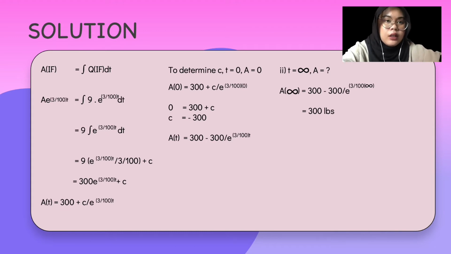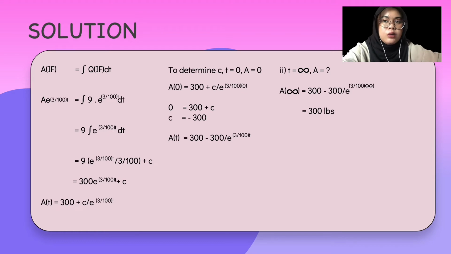To determine C, t equals 0 and A equals 0. So we insert 300 plus C over e to the power of 3 over 100 times 0. So we get 0 equals 300 plus C, so C equals negative 300.